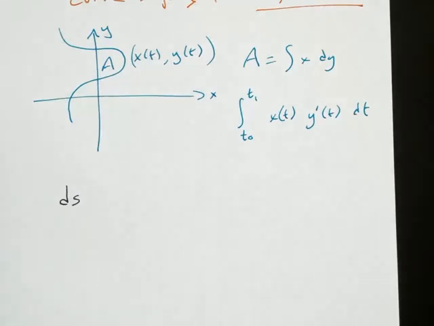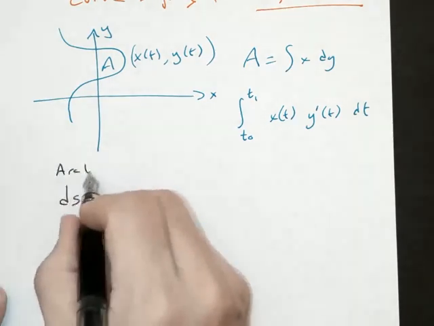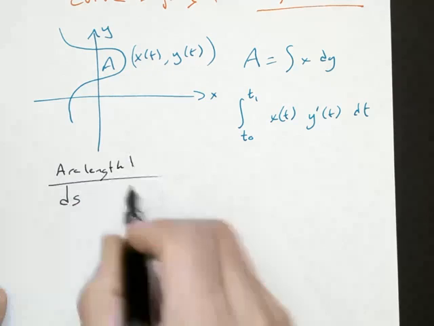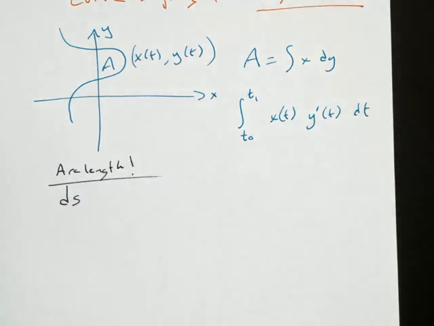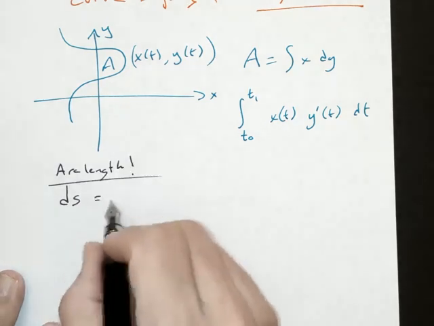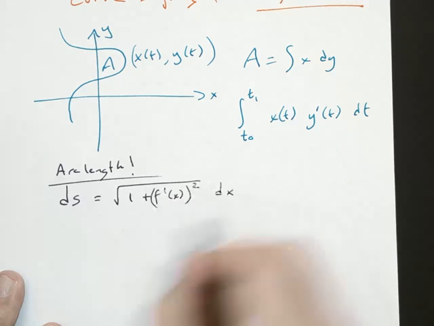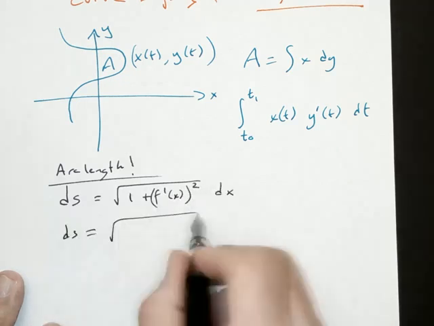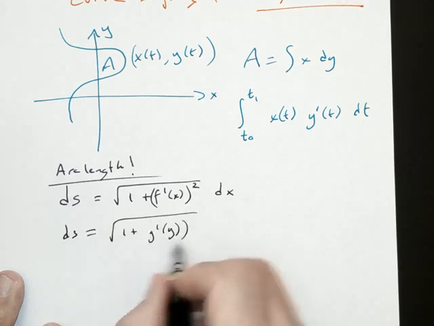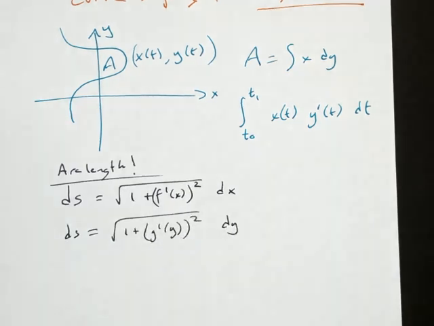Arc length. We used ds, right? And we had two different versions of ds. One was the square root of 1 plus f prime of x squared dx, and one was the square root of 1 plus g prime of y squared dy. Well, what if I wanted to do this in t? If you go back to the arc length discussion we had in class, we actually started with the distance formula.